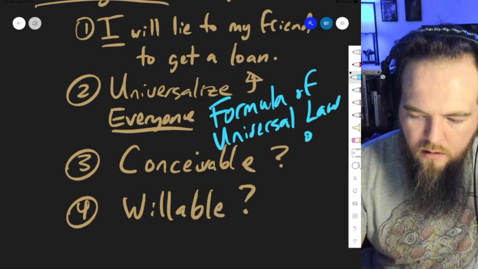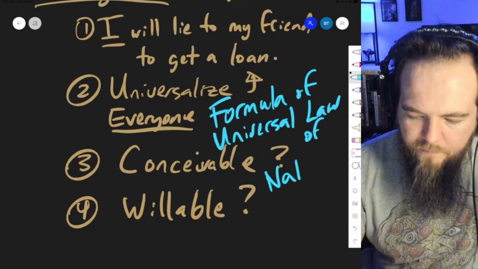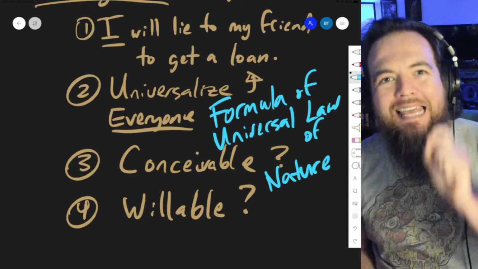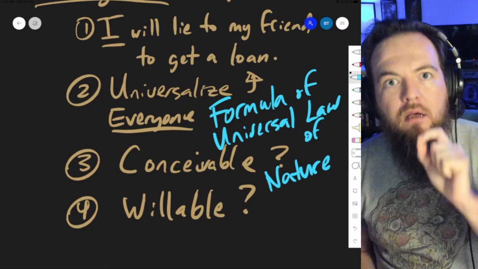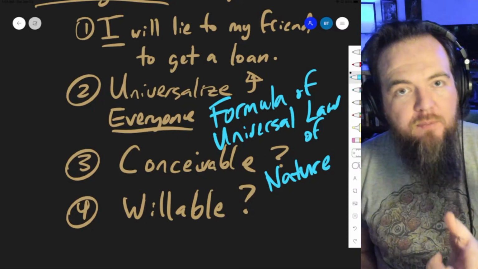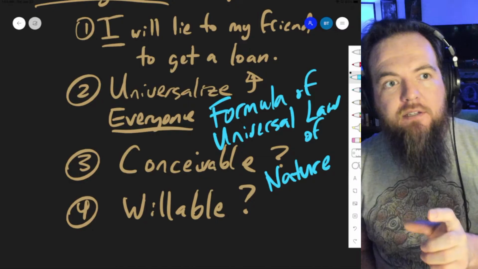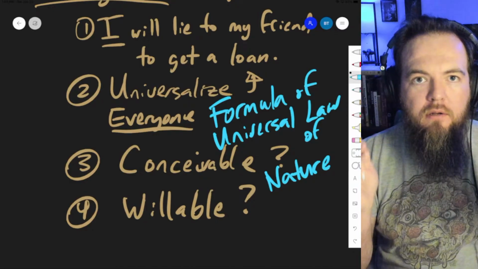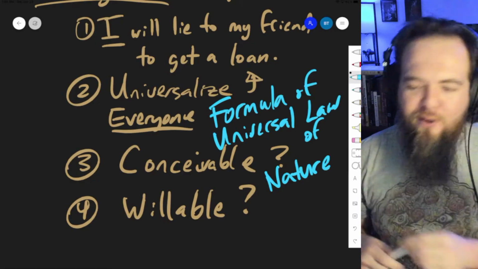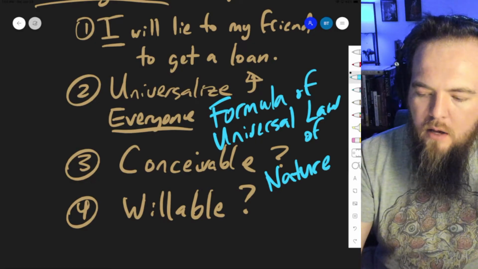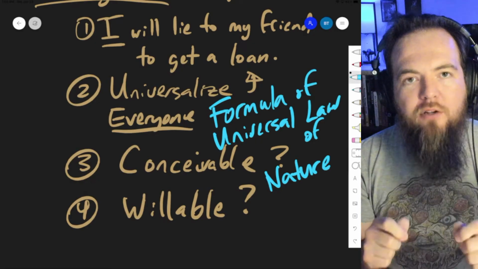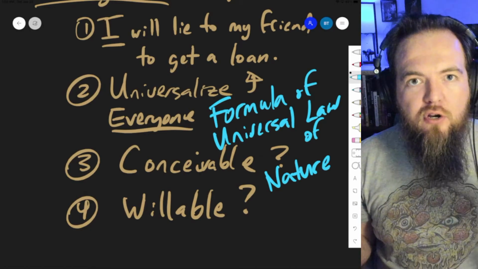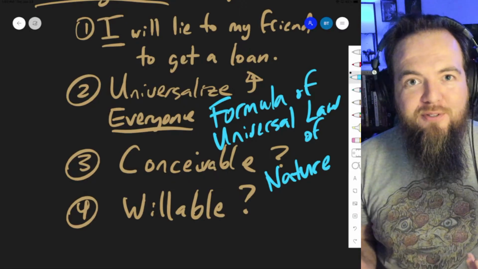The idea here is that you should only act on the maxim, or on the principle, that basically says that everyone could do that. There are technical ways of putting this, but I'm trying to avoid them. Basically, you should only act on principles such that they could be a universal law of nature, meaning everyone follows those rules.